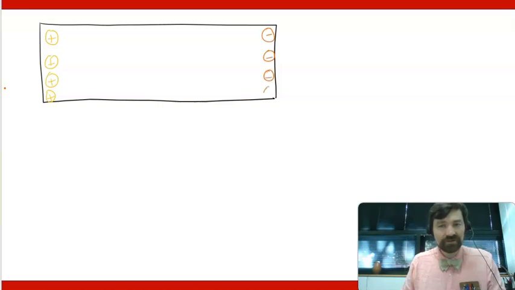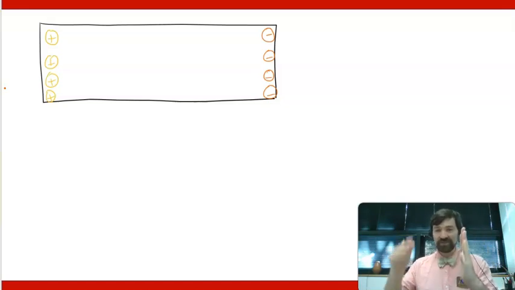This is starting to look more or less like the case you get for plates on a capacitor, in that you have a bunch of plus charges here and a bunch of minus charges here.